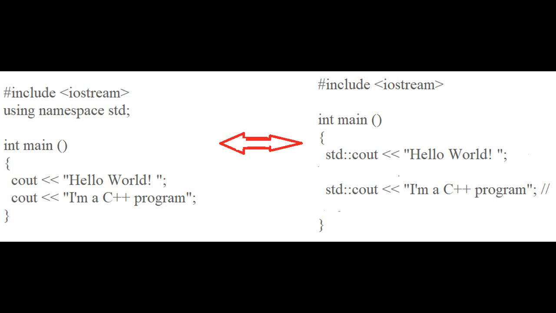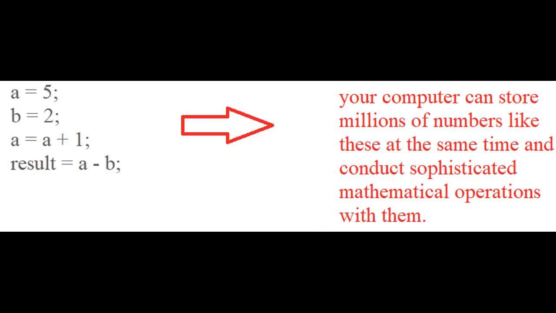How can you define a variable? A variable is a portion of memory that stores a value. How can we define a variable for the computer to understand it? Well, you can specify its type, for instance, char for a character or bool for boolean.